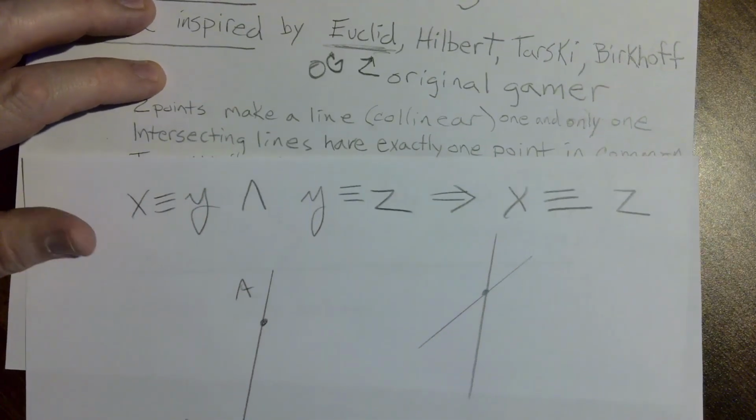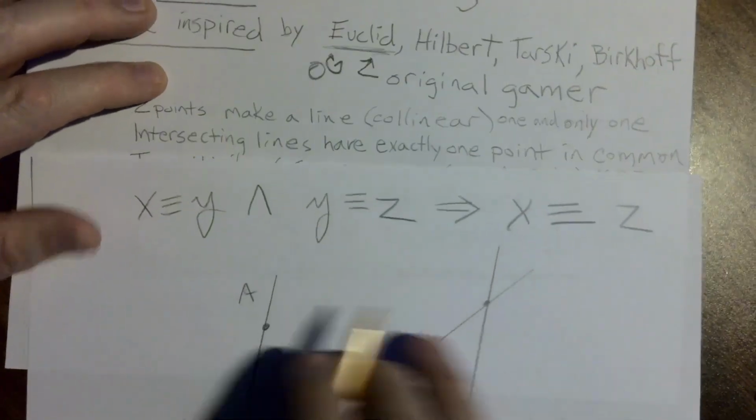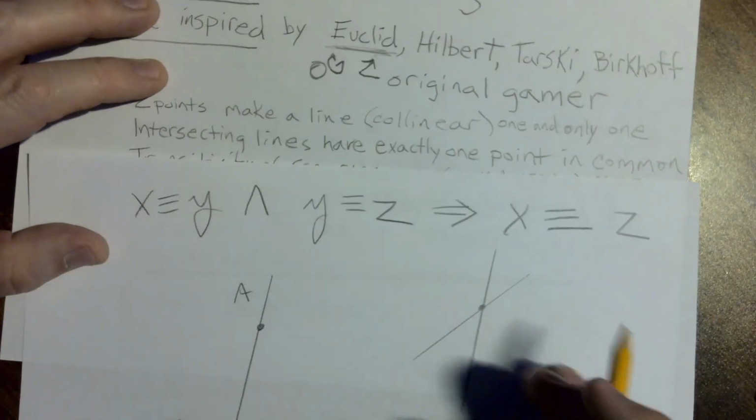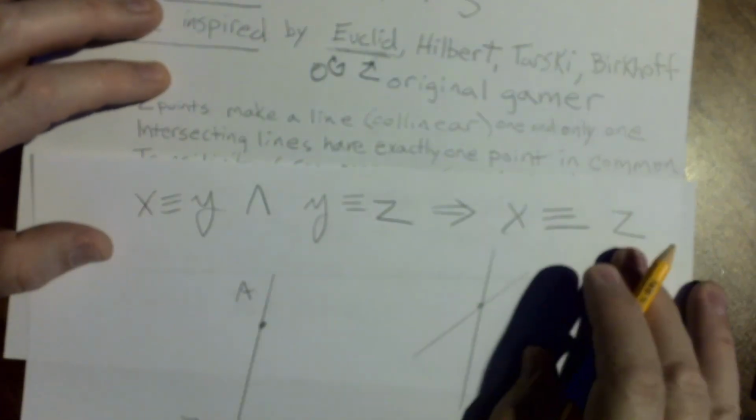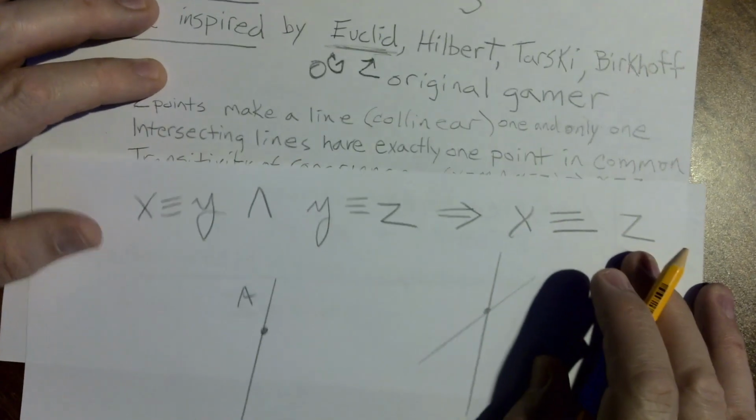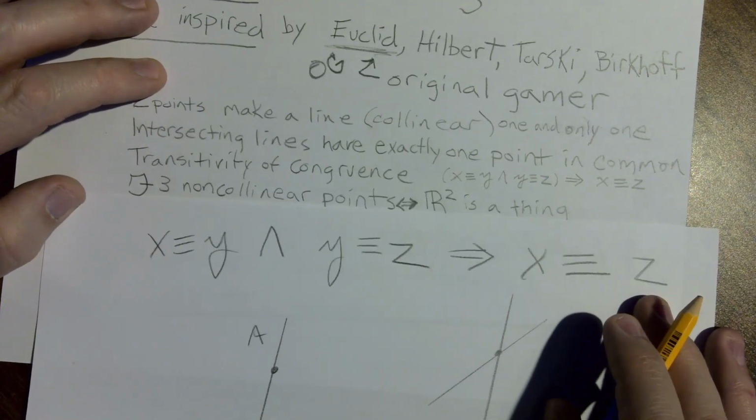That's just a truth about the universe, or at least the universe according to this particular axiomatic system. That's a statement we're just going to accept as true. It doesn't have to be proven.